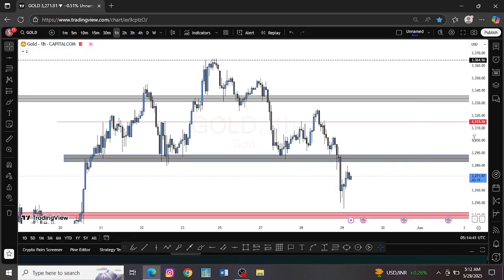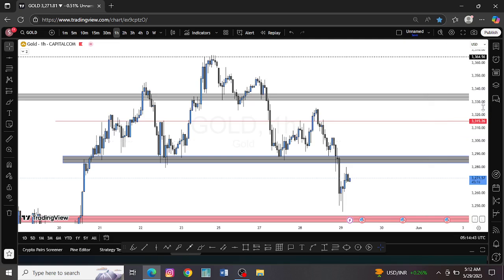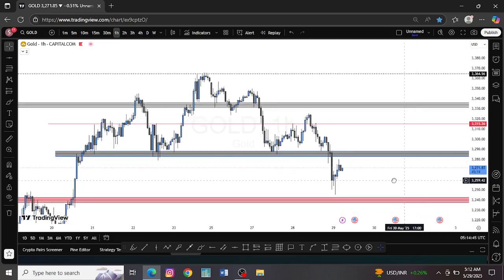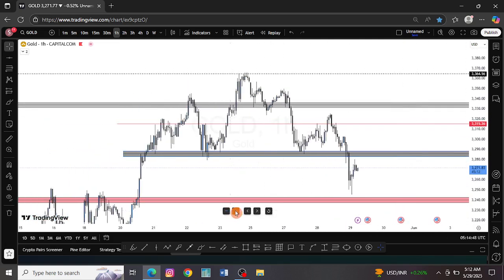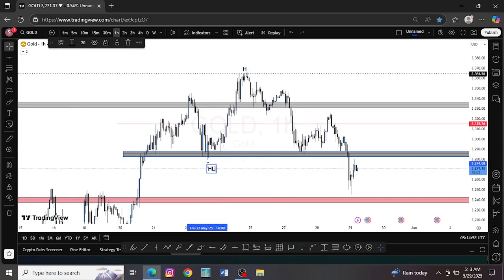price is really forming the bearish formation that we all know of in terms of the structure formation. Now this is the last high point that price created, and this is the last higher low point that price created.